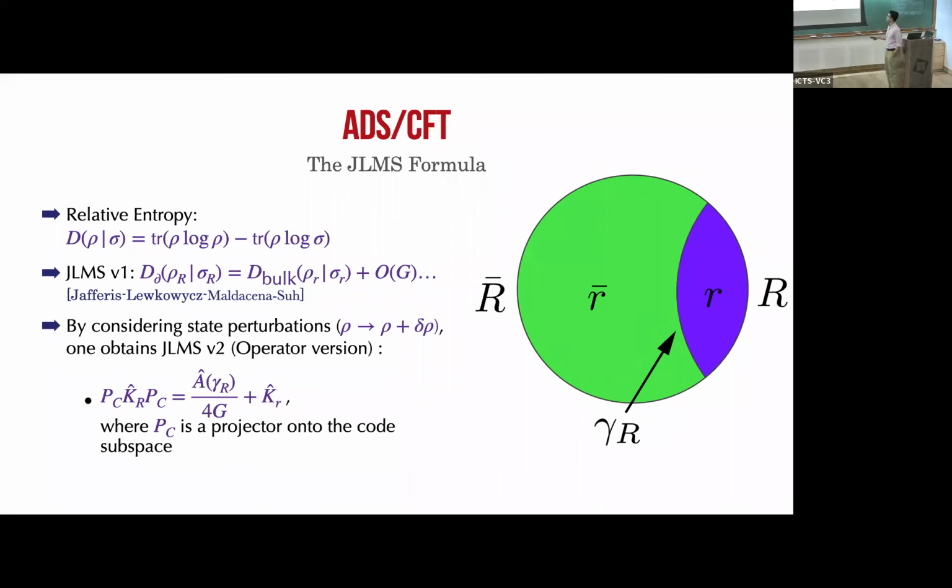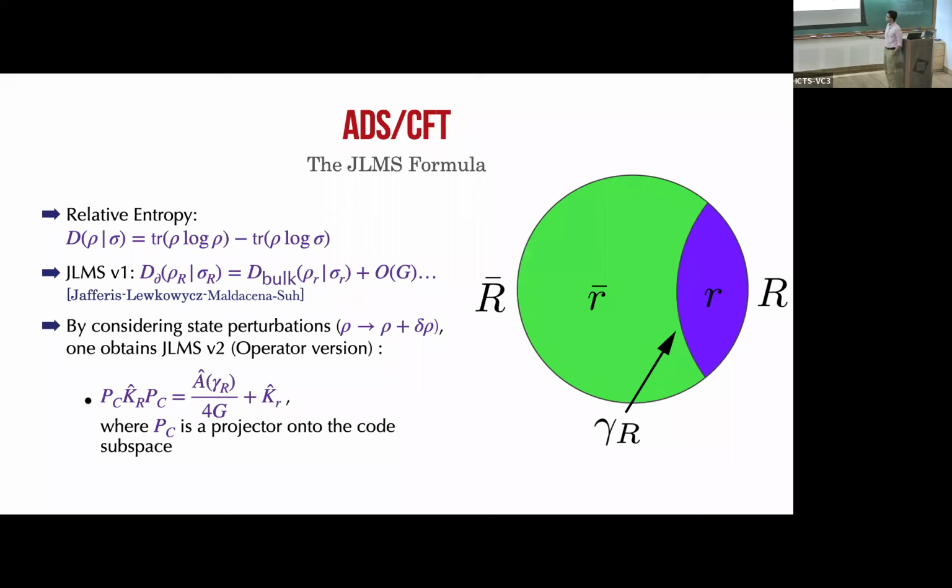When you do that, what you end up with is the following statement. So here K is just the modular Hamiltonian as I defined. So the left side is a boundary operator. It's the modular Hamiltonian for the reduced density matrix on this boundary region capital R.